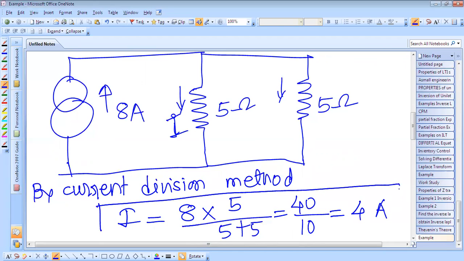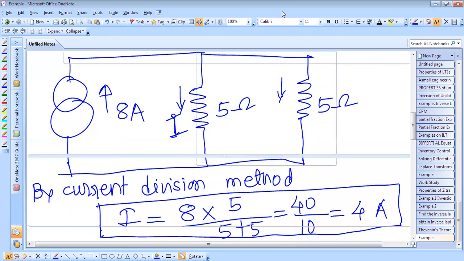So the current flowing through this 5 ohm resistor is 4 ampere. In this way we can find the current flowing through the circuit by using Norton's theorem.